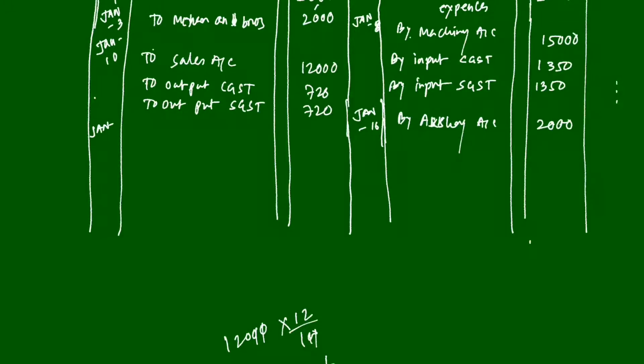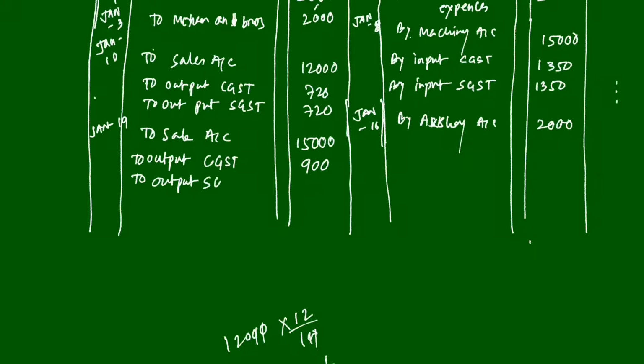January 19 to sale account 15,000, to output CGST 900. Why? You calculate 15,000 into 12%, 1800. You provide that 1800 into two separate GST ways, CGST and SGST. So 900, 900.